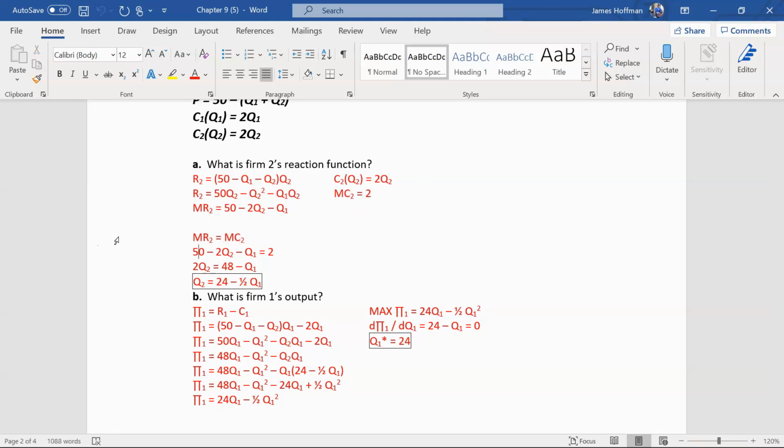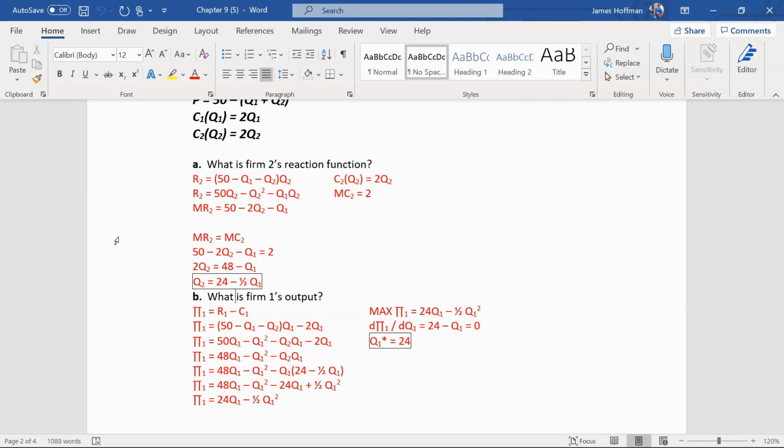Okay, MR2, 50 minus 2Q2 minus Q1 equals MC2, which is 2, and solve for Q2. So 2Q2 equals 48 minus Q1, divided by 2, you get 24 minus one half Q1. Okay, so that is firm 2's reaction function.